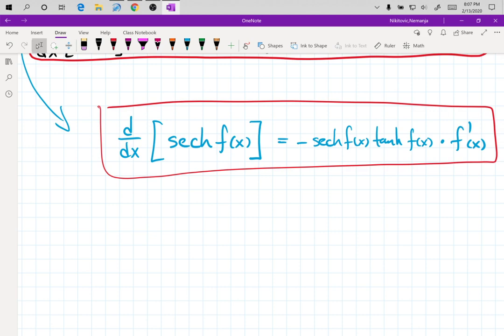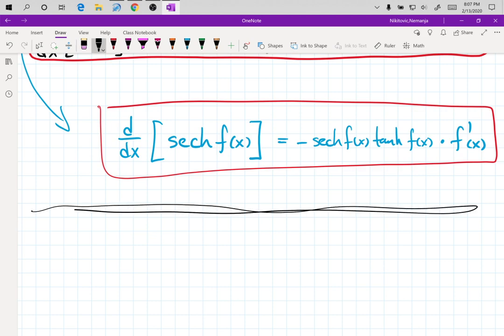So let's do two of these, like a vanilla example and something spicier. Say the derivative of tangent hyperbolic squared x.